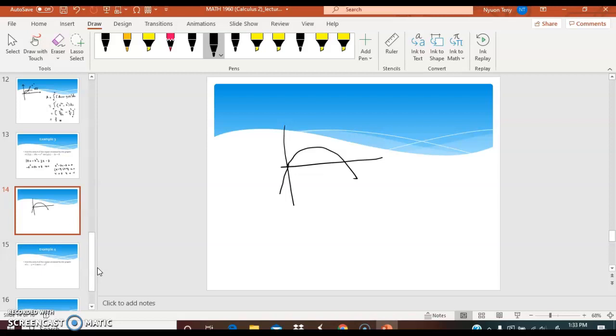These here are the points of intersection: -1 and -11, and 8 and 16. This is x, and this is y.